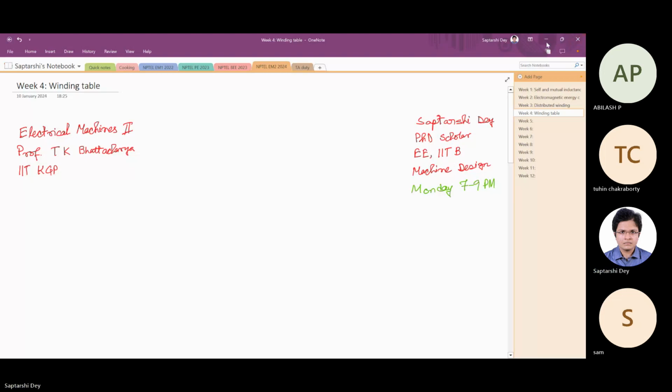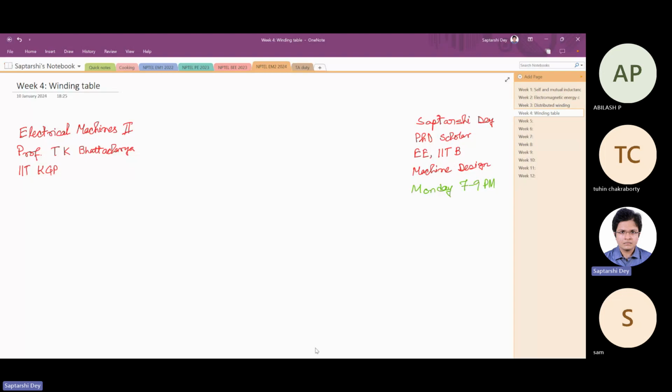In the last few weeks, we have seen lessons on self and mutual inductances, electromagnetic energy conversion, and last week we started distributed winding.